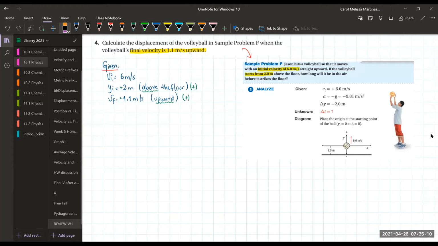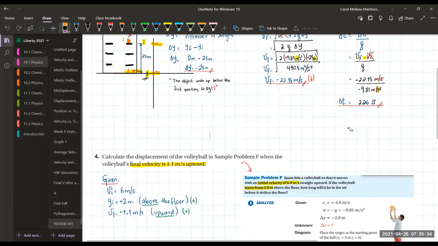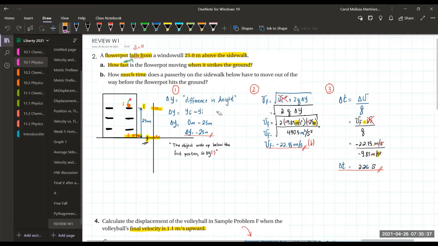Now, what do we need to know? Okay, first, that's everything we have. We have the initial position, okay? We have a delta V. And let's take a look at the formulas that we can use. So, from the formulas that we used before, I know that I have the formula for delta Y, for final velocity, for delta T. Okay?